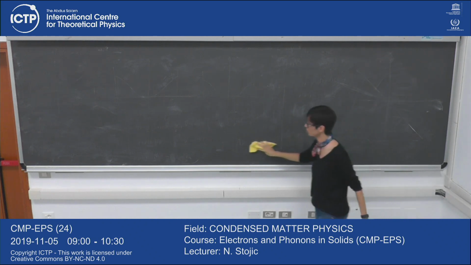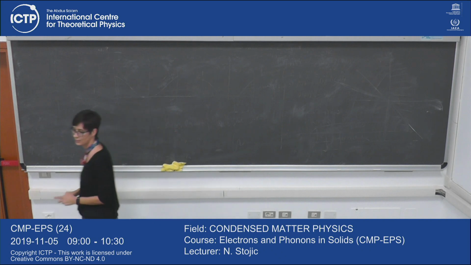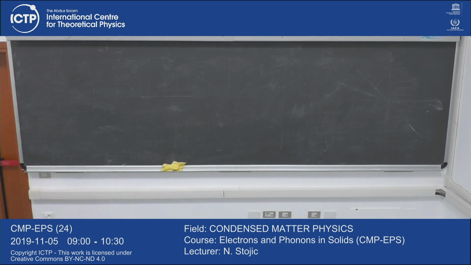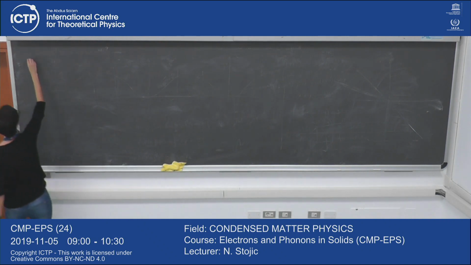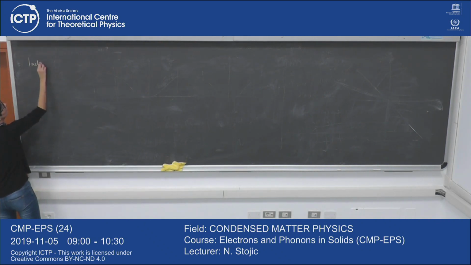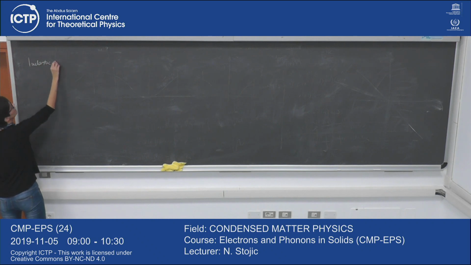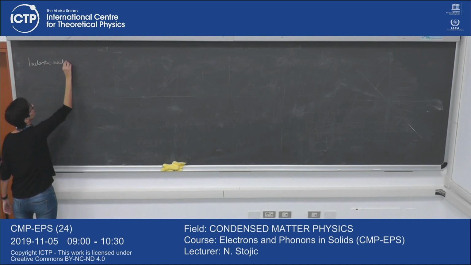The energy of neutrons, 1 to 2 eV, and they're quite an expensive source. It's not the cheapest experiment you can do. So, inelastic neutron scattering.